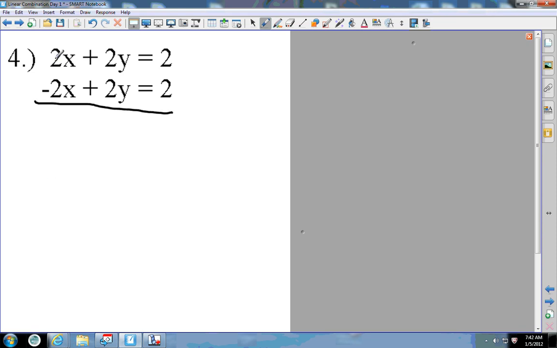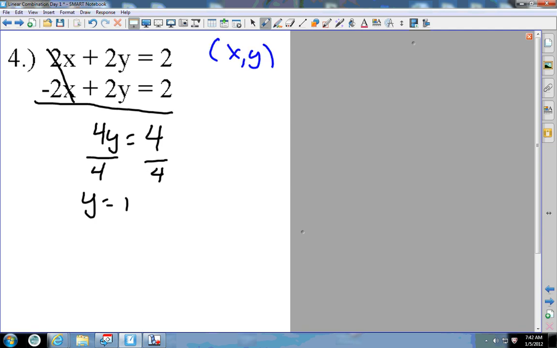And right now my x's eliminate. 2x minus 2x is 0. It goes away. How many y's do I have? 4y equals 2 plus 2, 4. Divide by 4. Y equals 1. Okay, so there's part of the answer, but I need x and y.